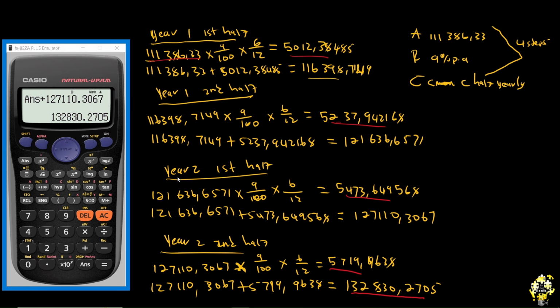So let's do it here on the side. The interest, that is supposed to be the answer. We are going to say 132,830.2705, and then we're going to subtract the 111,386.33. What's the answer? Since it's already here, let's just say 111.